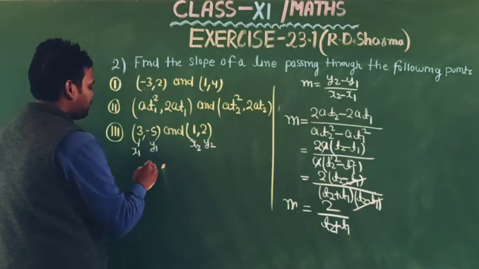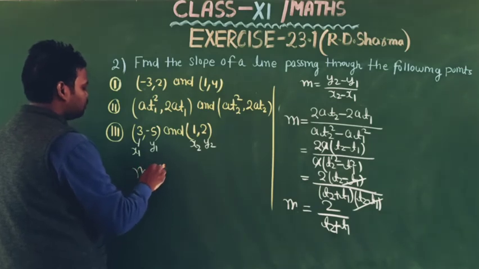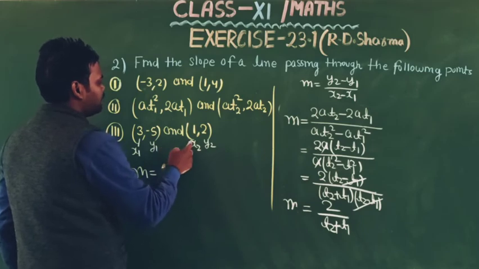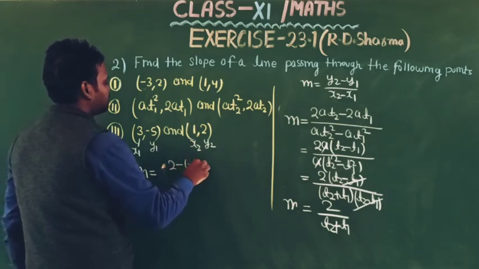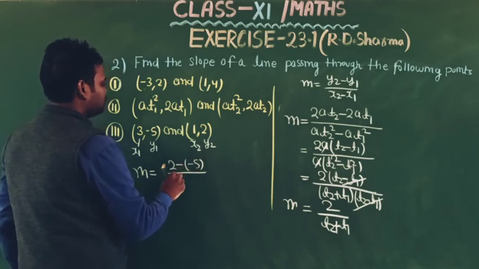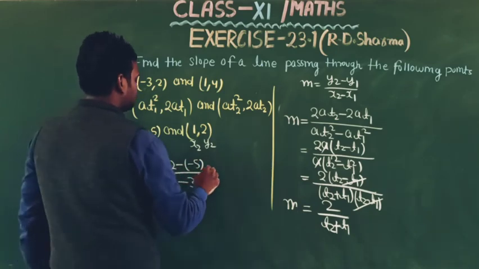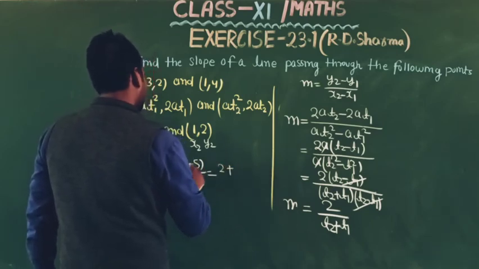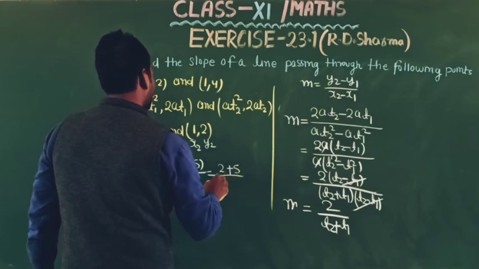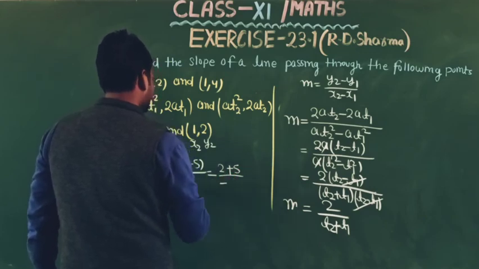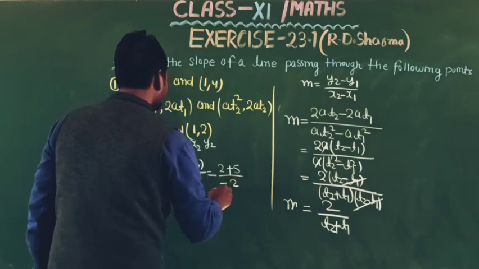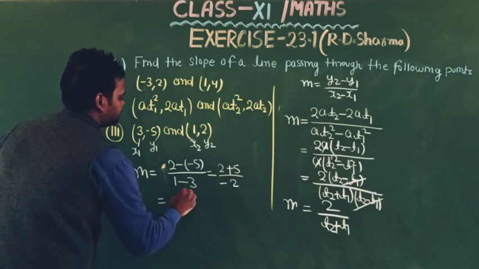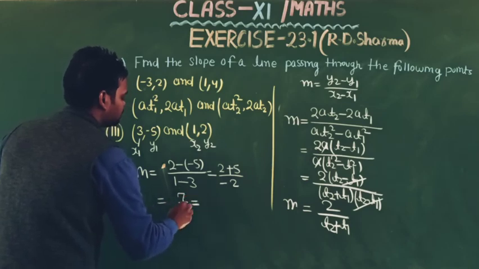So the slope of a line passing through these 2 points would be the difference of y coordinates, minus 2 minus (minus 5), upon 1 minus 3. Okay, so minus 2 and minus becomes plus 5, upon minus 2. So 5 minus 2 is 3, and 3 upon minus 2.